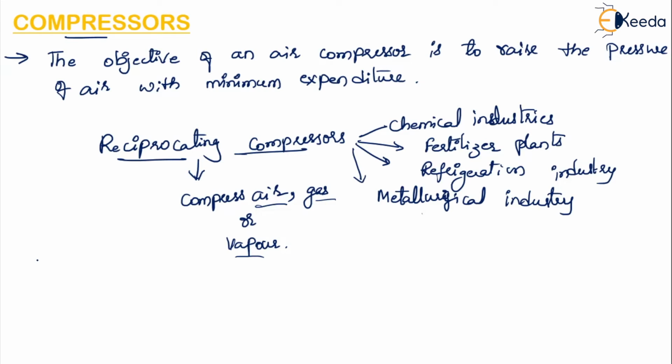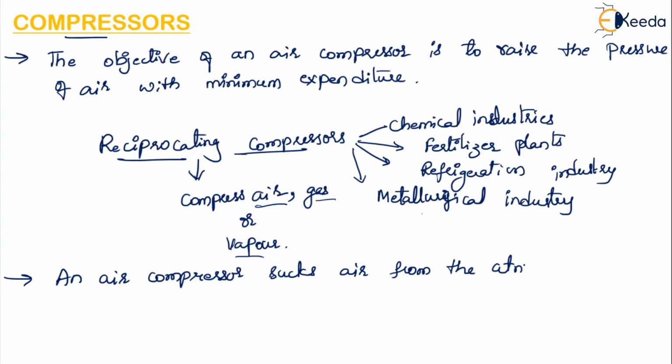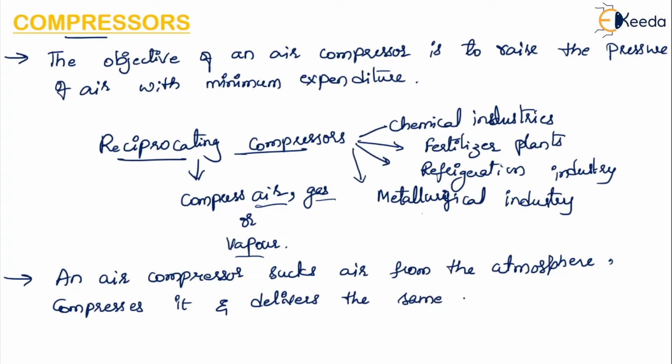So how does the compressor actually work? An air compressor sucks air from the atmosphere, then it will compress it, that is it will increase the pressure, and it delivers the compressed air to the storage tank.